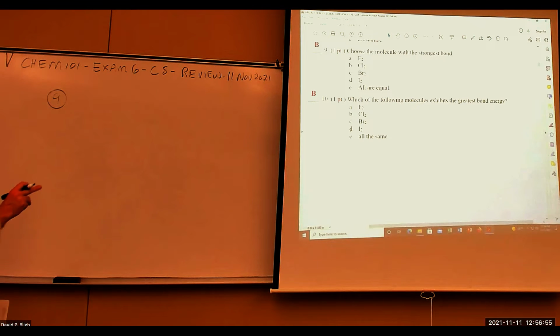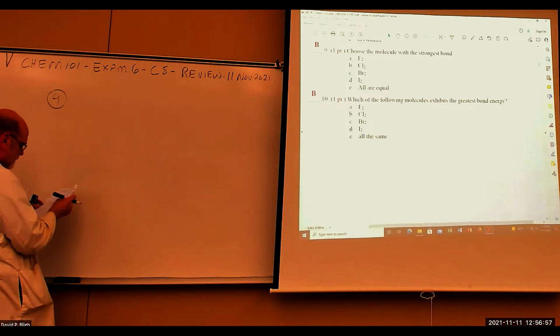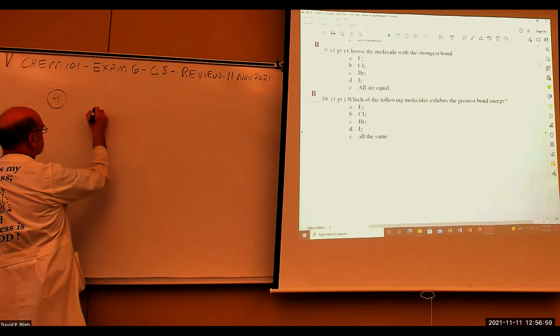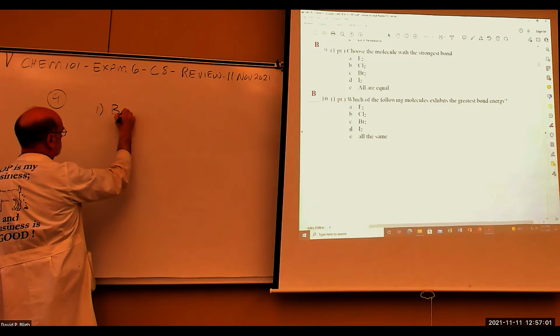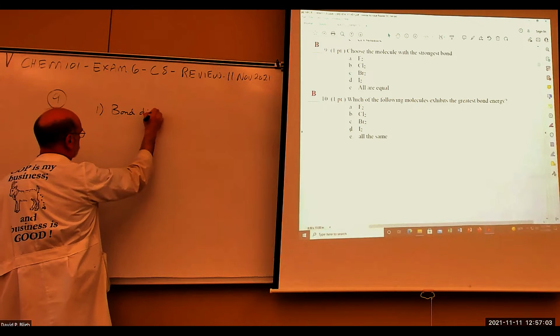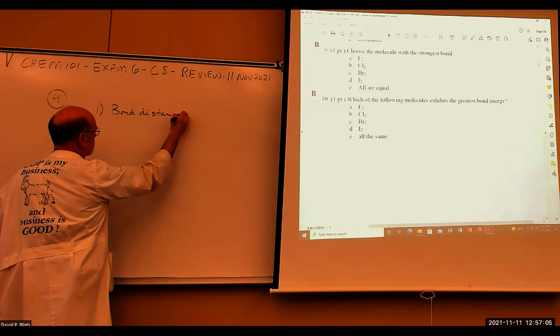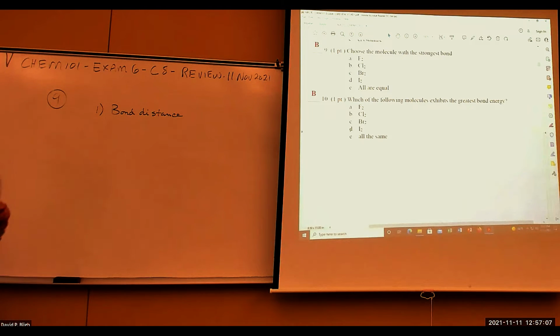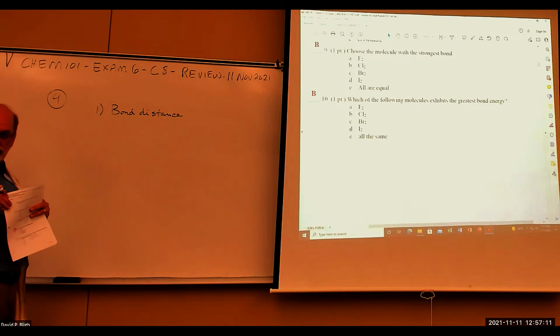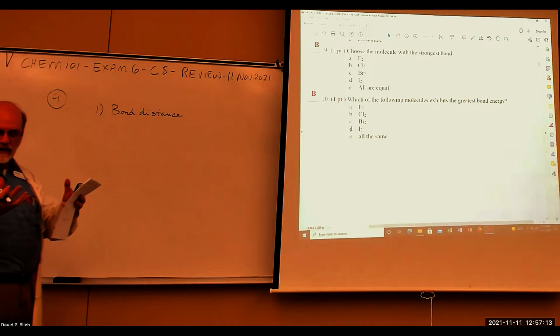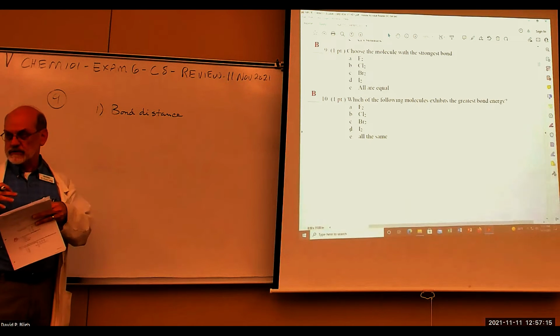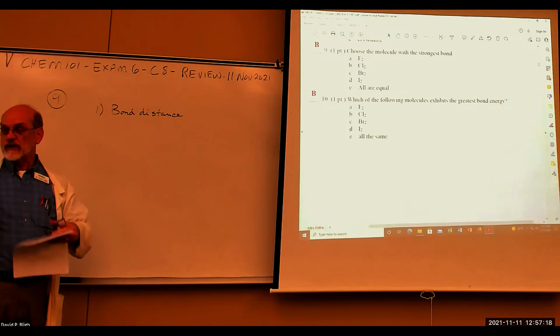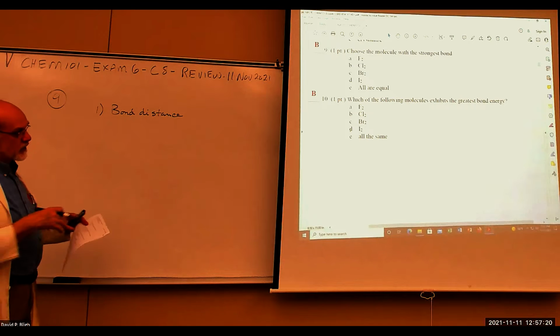The strongest bond depends on 2 things. What's the bond distance? The shorter the bond distance, the stronger the bond. So if the nuclei can't get close together and you can't get sufficient overlap of orbitals, then you have a weaker bond.